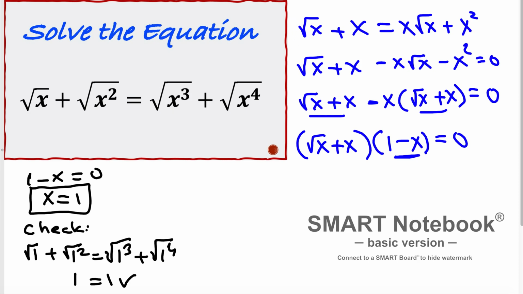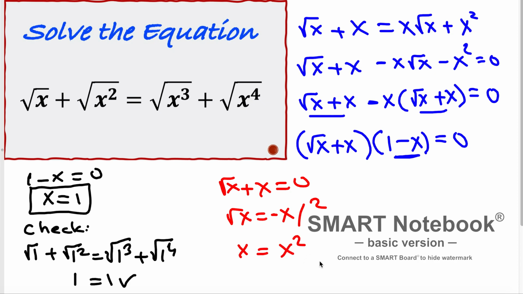Now let's take the other factor, square root of x plus x is equal to 0. We can subtract x from both sides, and the square root of x is equal to minus x. If we square both sides, x is equal to x squared.